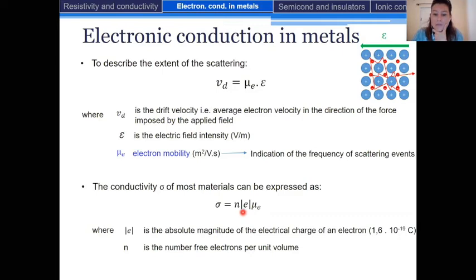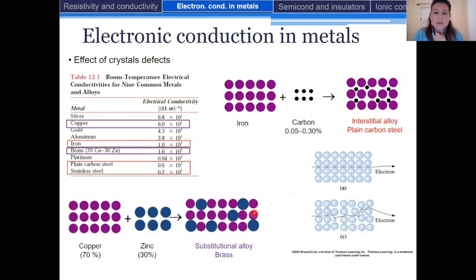Then we have the absolute magnitude of the electrical charge of an electron and the electron mobility. So what impacts the conductivity? In fact, this is only the number of free electrons, so the number of charge carriers, and the electron mobility.